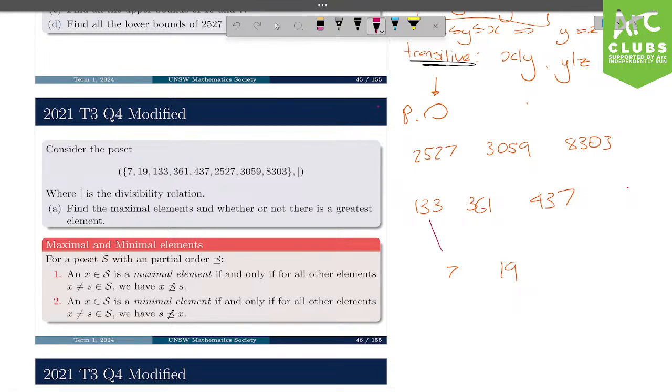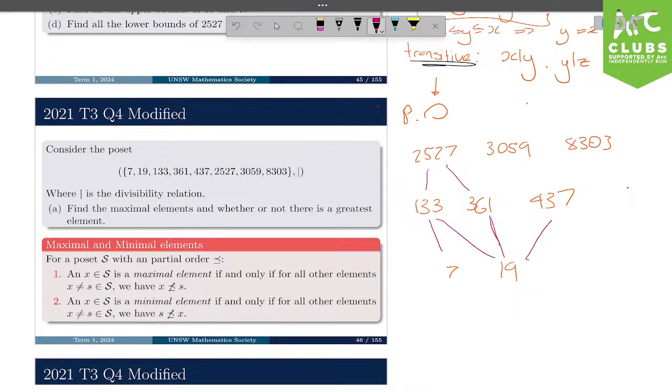We note that 133 is a multiple of 7 and 19. We note that 361 and 437 are also multiples of 19, and that 133 and 361 are divisors of 2527.